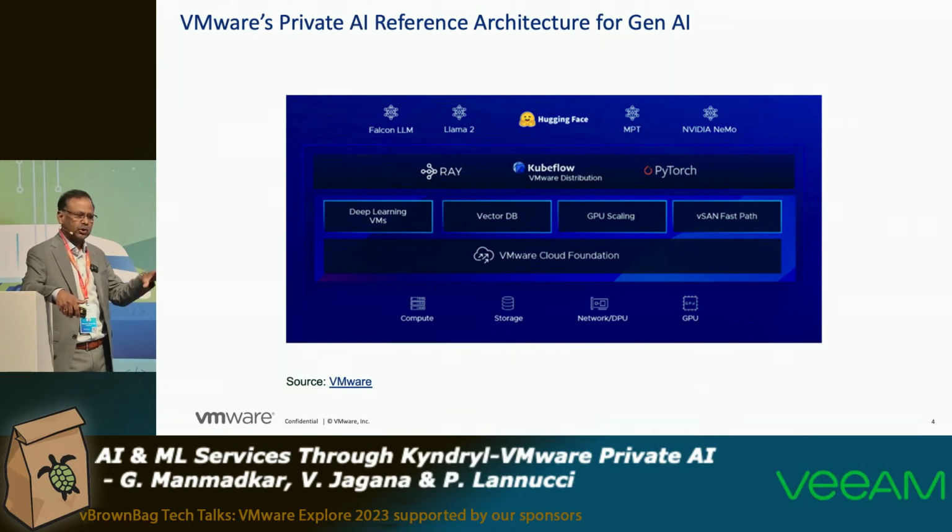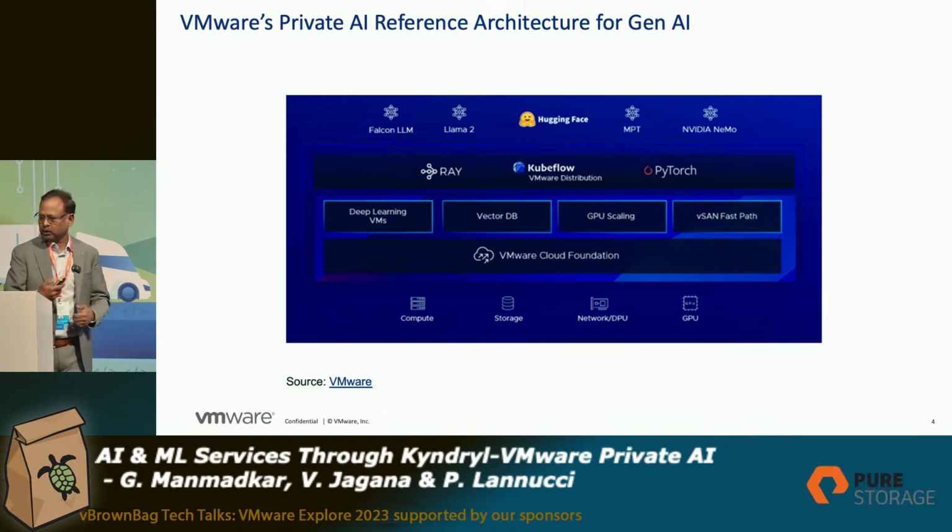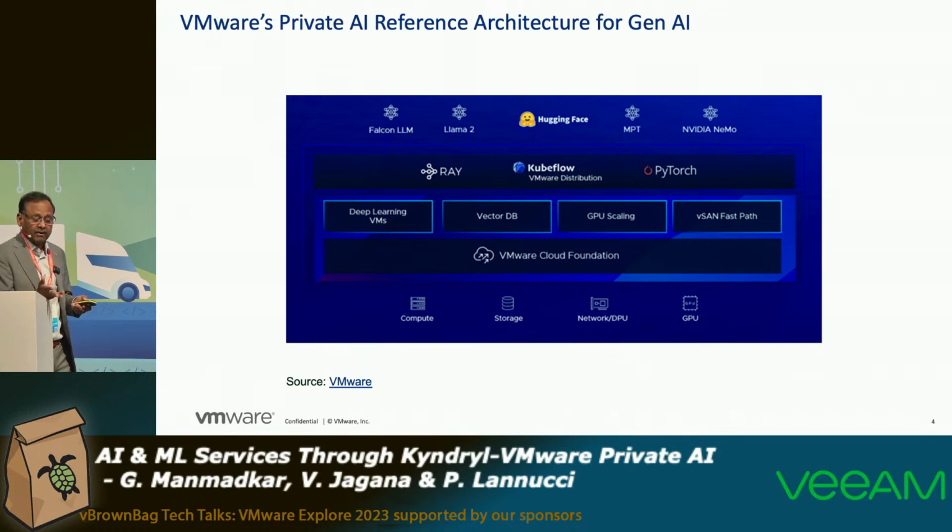On top of which you have the NeMo framework that will support the large language models. So that's what we try to create, a reference architecture, which is something that Pedro is going to take you through. And then further, what are the services that we have essentially built around that framework, and how you can leverage them in real environments.